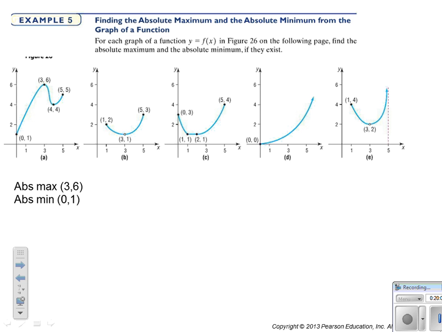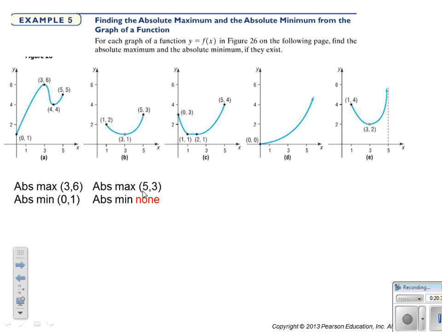So our absolute max for our B is the 5, 3, because it is the largest output value. And it does not have an absolute minimum because there is a hole at 3, 1. When there is a hole where your minimum should be, then you have no absolute minimum.